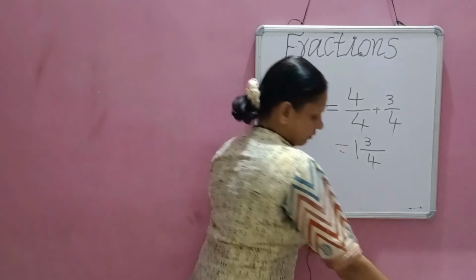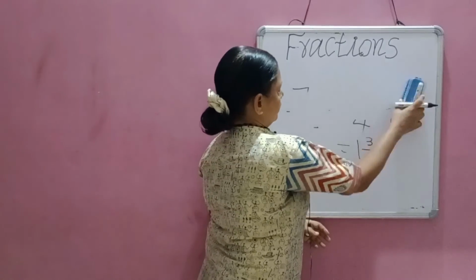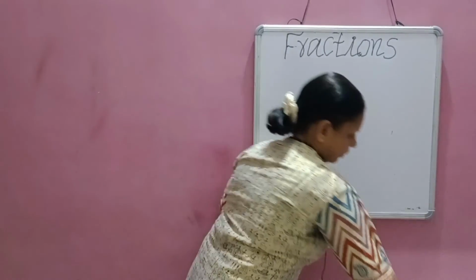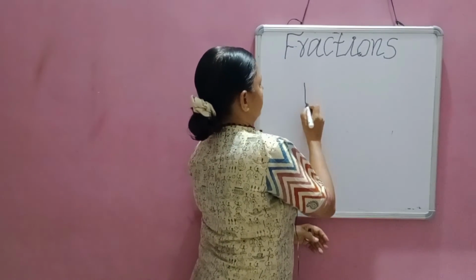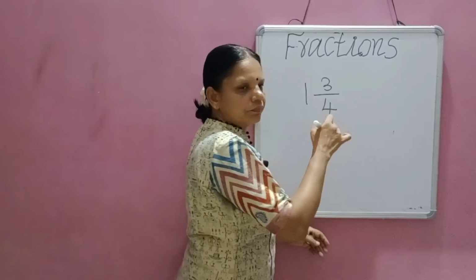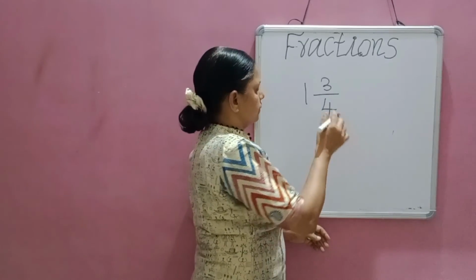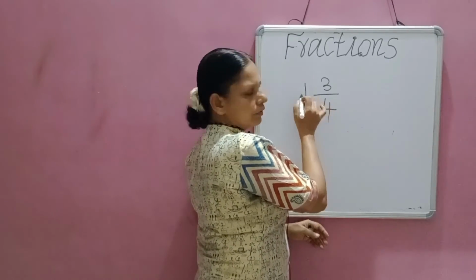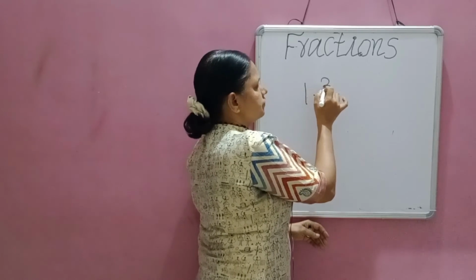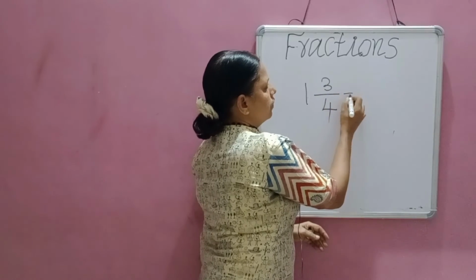The same example we will take, 1 3 upon 4. What you have to do? 4 into 1. 4 ones are 4 plus 3 upon 4.